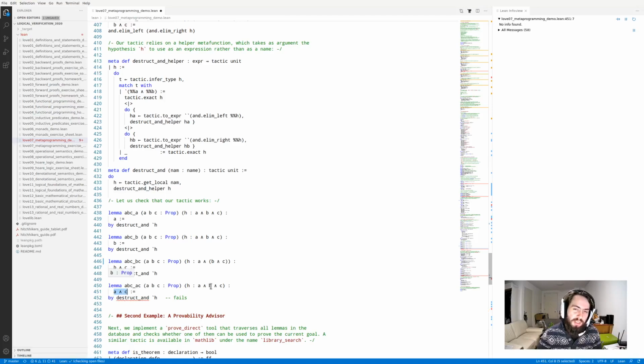And this is kind of down to the implementation of our tactic, right? If this were B and A and C, then this would also work, but it is really A and B and C. So that's kind of unfortunate. You can probably think of ways to solve this problem.